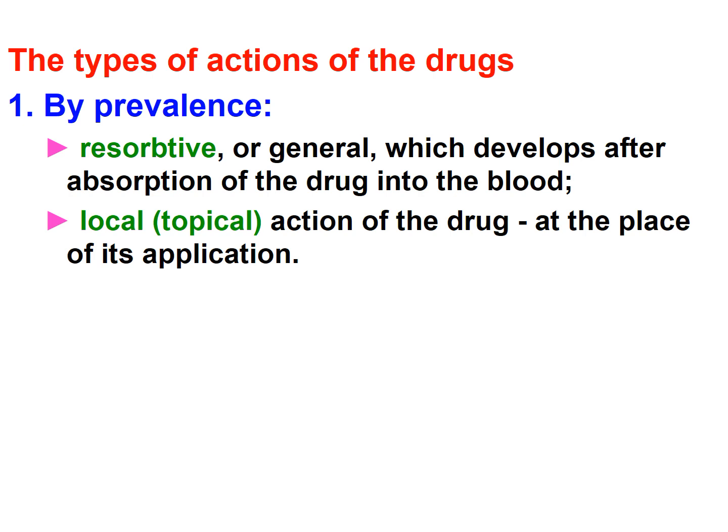The drug reaches the bloodstream and is distributed to different tissues and organs where it produces general action. In the second case, local action of the drug is only produced at the place of its application. For example, we take some ointment, apply it on the skin, and the drug produces its effect only in the area of drug application.